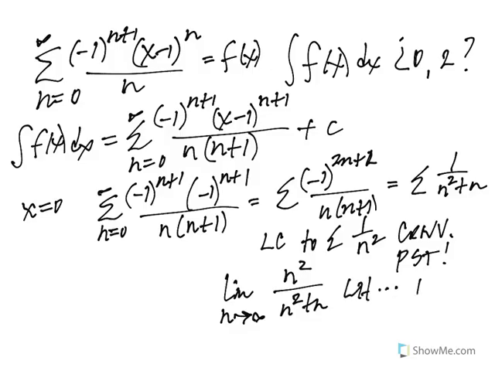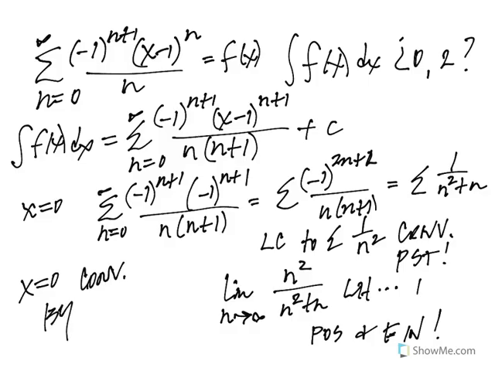That's going to L'Hopital's to 1, which is positive and finite, which means that at x equals 0, it converges by the limit comparison test. So I know now that on the left-hand side, 0 is included.